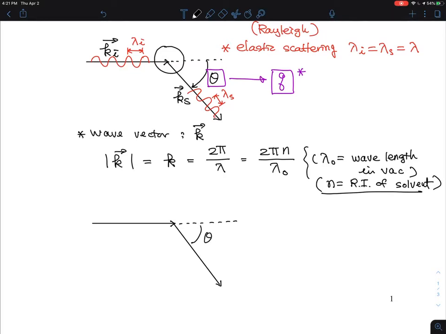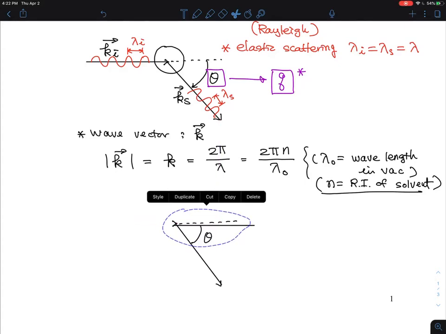Okay, and then what I'm going to do here is move this scattered light. Okay, this is moving together. I am going to move this scattered light this way. See this? So if I do that, I'm just moving the light for the easiness of the geometrical consideration.